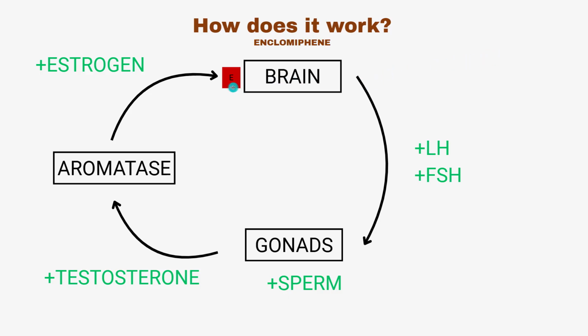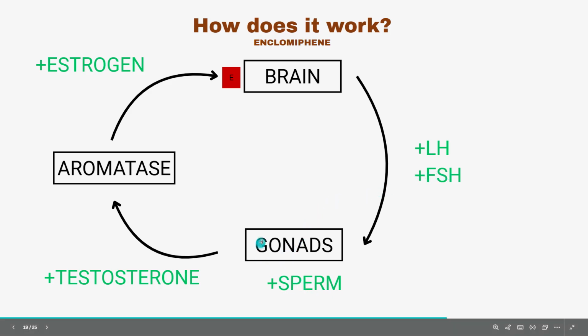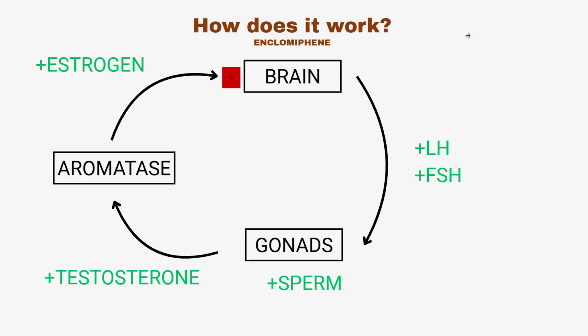But pretty much, enclomiphene is going to bind to those estrogen receptors responsible for the negative feedback loop in your brain, which is going to lead to an increase in luteinizing hormone and follicle stimulating hormone, increasing sperm and testosterone, which is going to go through aromatase, leading to an increase in estrogen, which isn't necessarily a bad thing, because it's pretty good to have a nice balance.